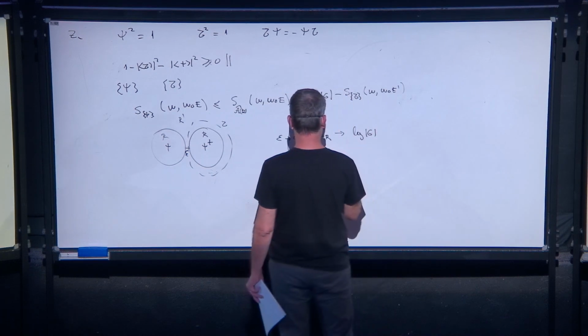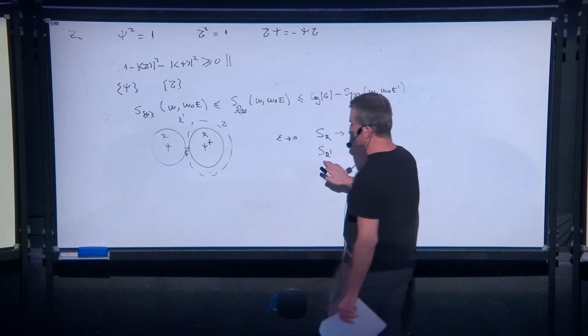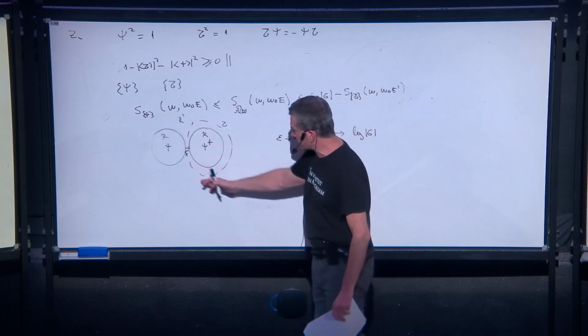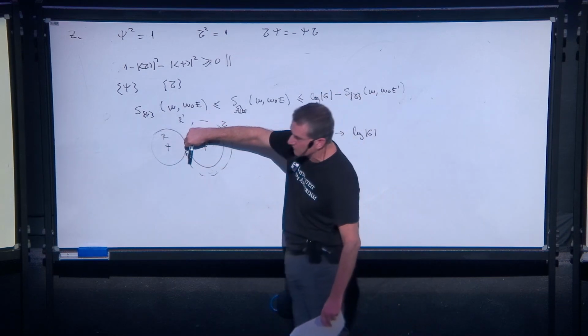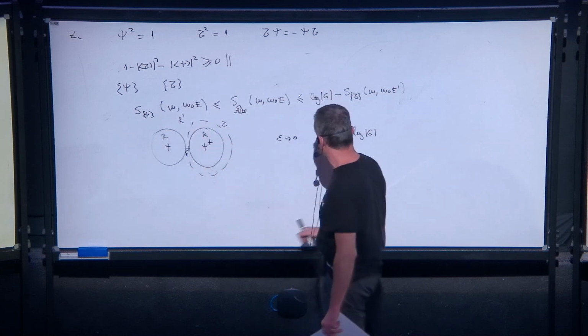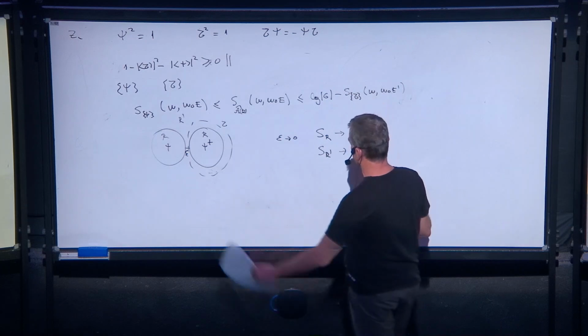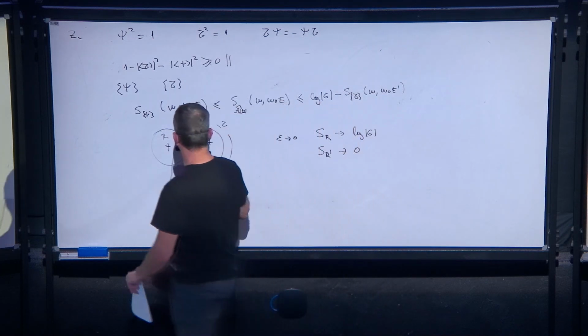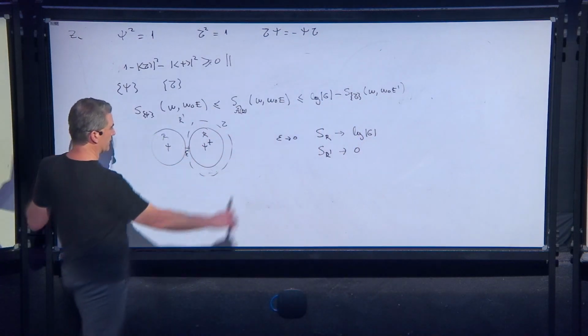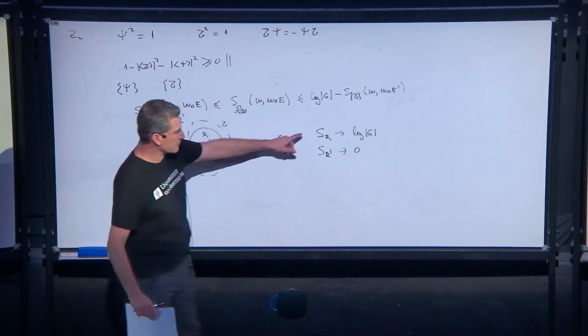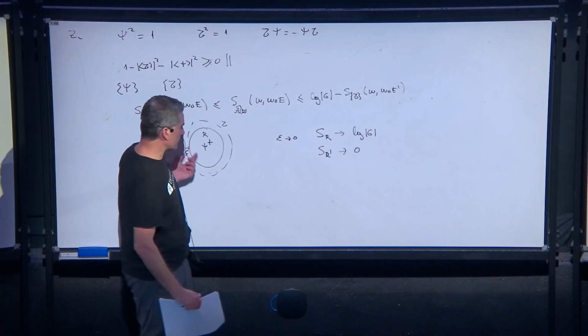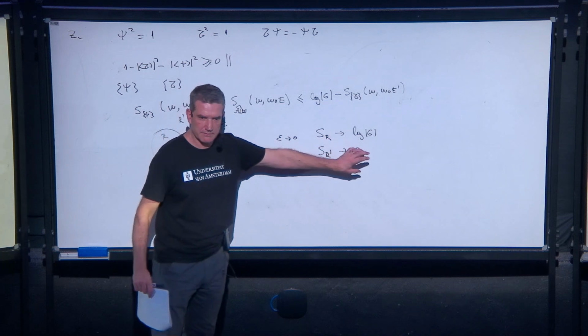while the one of the outside part, because the twist is pinched here, the expectation value goes to 0, and then it goes to 0. And in the opposite case, because the correlation function goes to 0 at infinity, this will go to 0, while the other one will go to the maximal value.